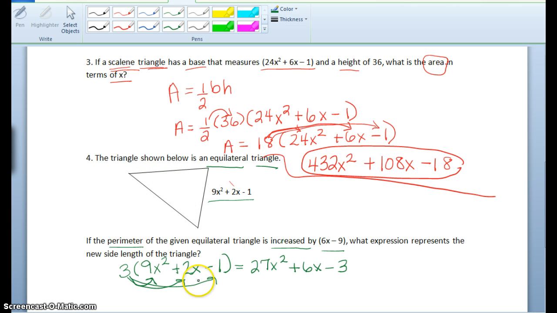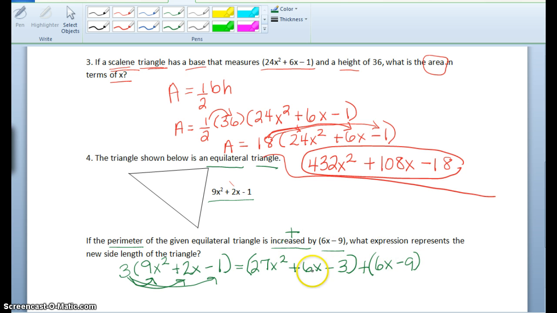Now, it says that the perimeter, which is represented by this expression, is increased, which means to add, by 6x minus 9. So we're going to add 6x minus 9. And remember, this expression is like it has a 1 in front of it, and you can distribute the 1. And this expression has a 1 in front of it, and you can distribute that 1.